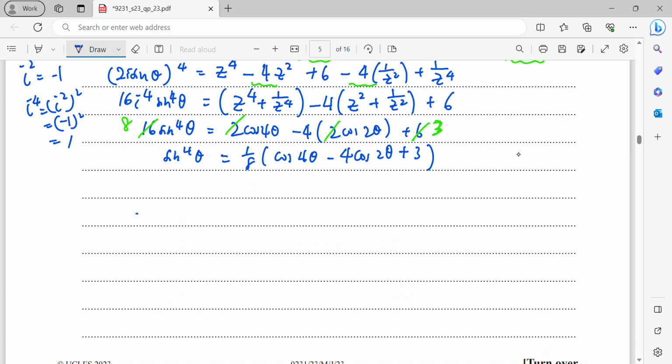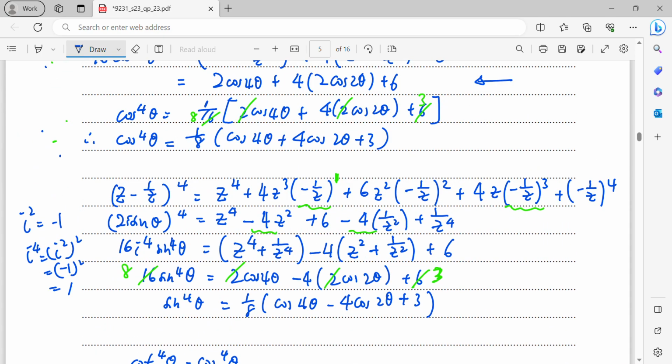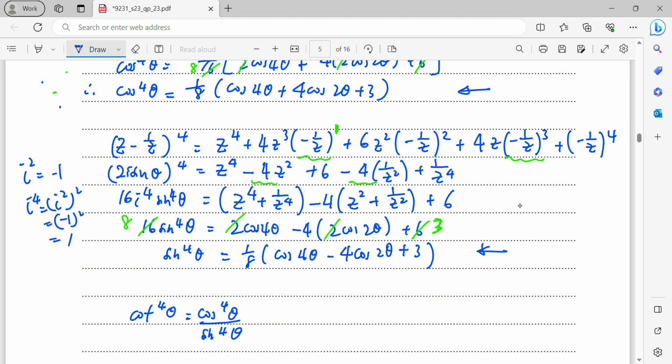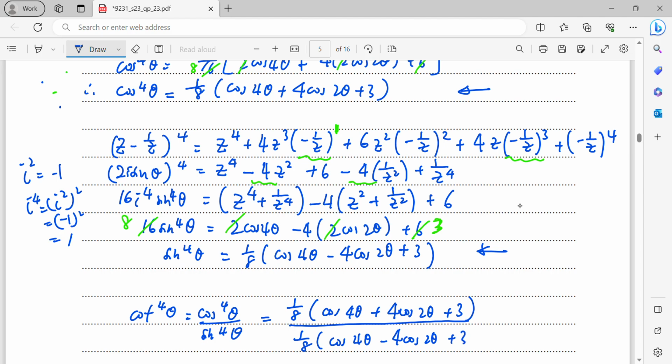So now cot degree 4 theta will be cos degree 4 theta over sine degree 4 theta. Then now substitute the expressions that you have found. So here becomes 1 over 8 cos 4 theta plus 4 cos 2 theta plus 3 over 1 over 8 cos 4 theta minus 4 cos 2 theta plus 3.